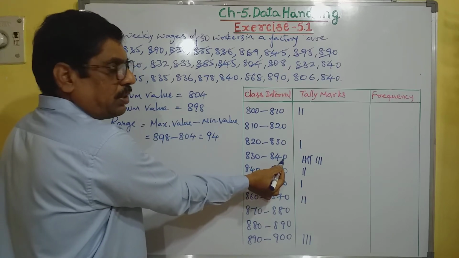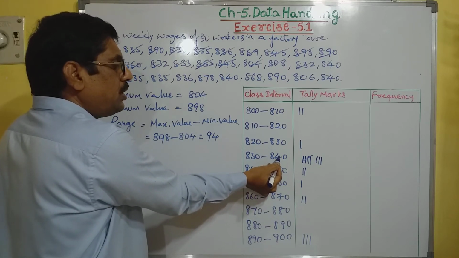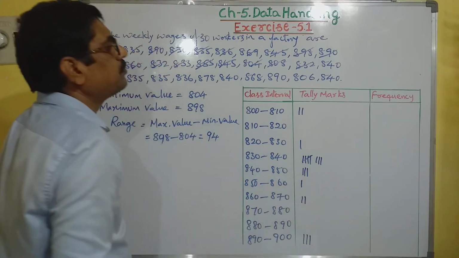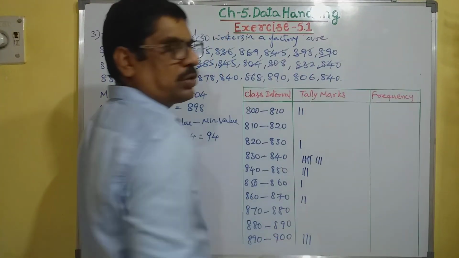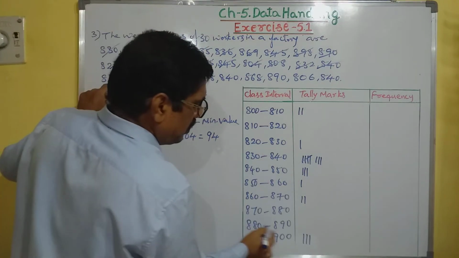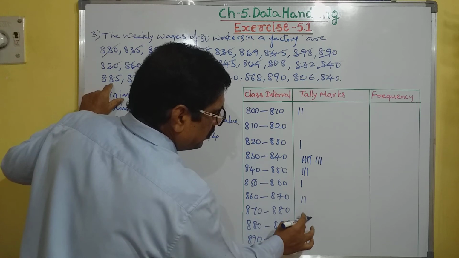840 is the end number, so it is the class below 840. So we have to count 840 here. Okay, so the second line is also completed. Now 20 numbers are completed. Now 885 will come here, last but second.